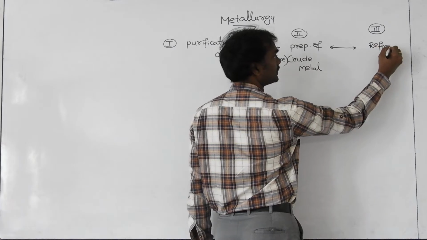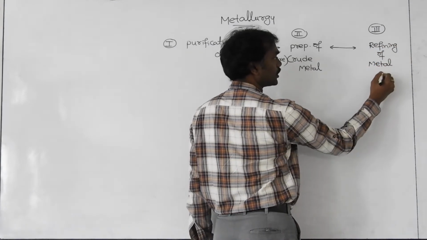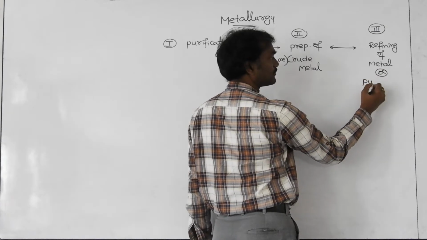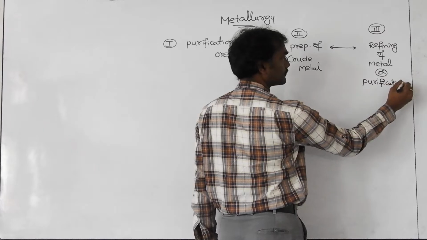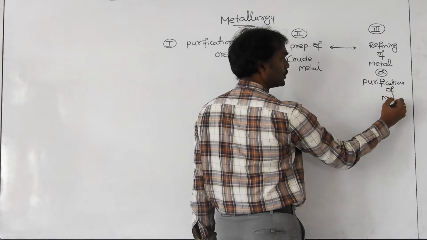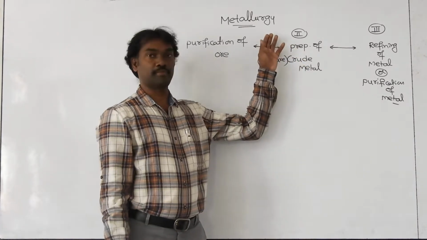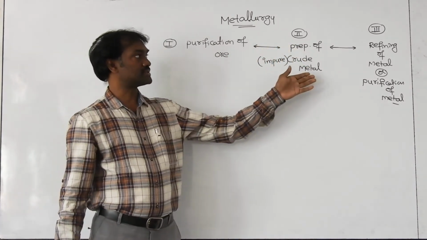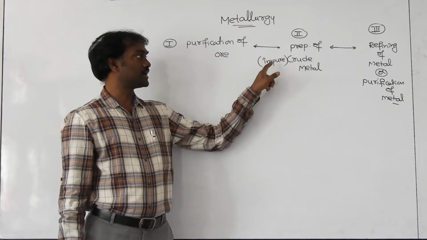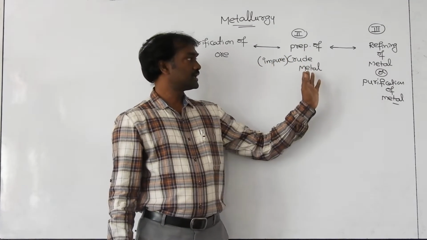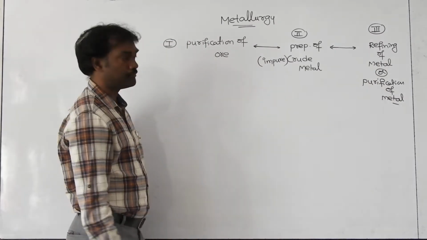Third process is refining of metal, otherwise purification of metal. So metallurgy is nothing but extraction of metal, in three processes: first, purification of ore; second, preparation of crude metal, otherwise impure metal; next, this impure metal is prepared as pure metal, that is purification of metal.